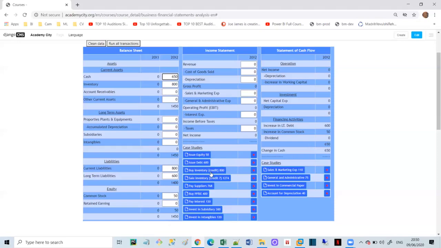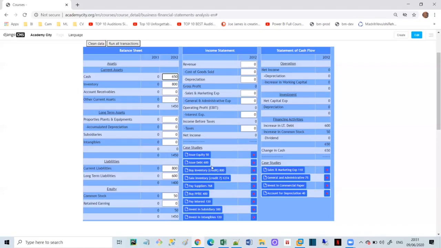When I buy inventory, it's true my assets went up, but also my credit went up. No effect on cash, so no effect on the statement of cash flow. No effect on the income statement because I haven't made any profit. So this third transaction of just buying inventory reflects an increase in my assets, but also an increase in my liabilities.